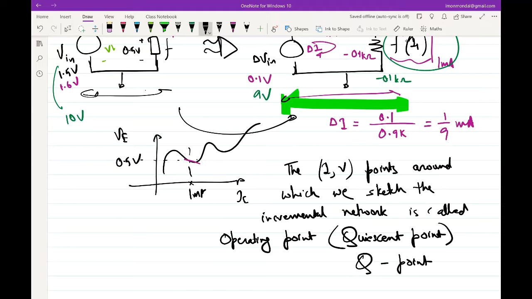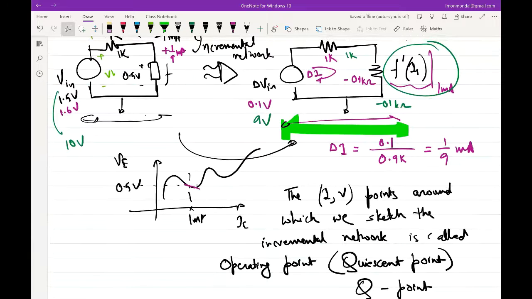Okay, and the incremental network, when you neglect the higher order terms, is called a small signal network, right? Or this is called small signal analysis. What does small signal mean? In this case, small signal means that the perturbation should be small enough so that I can neglect the higher order terms.